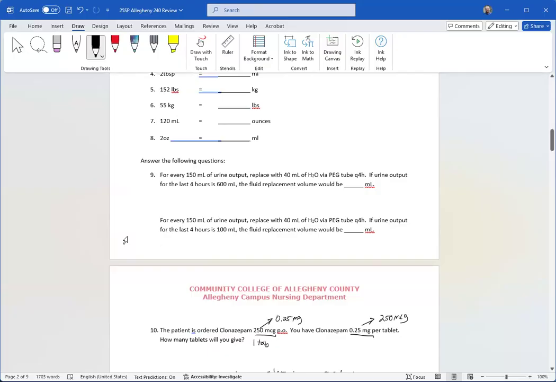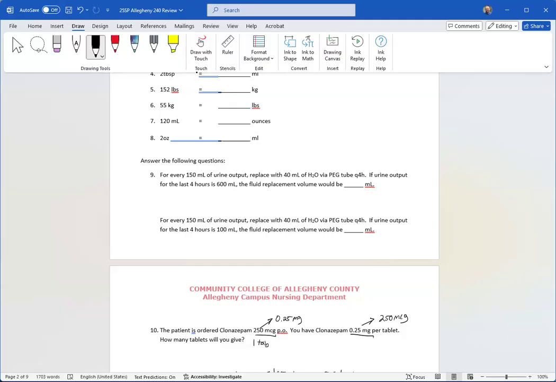So number 9, you've done this one since first semester. It's just a fluid replacement. I'll label some things and then I'll tell you what to pay attention to.